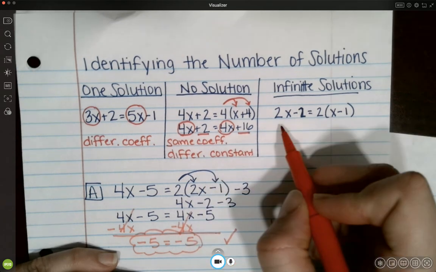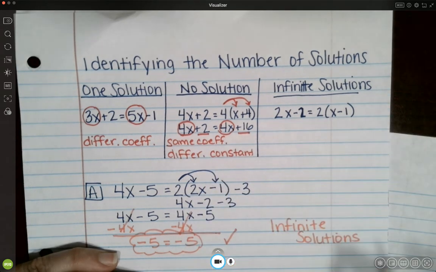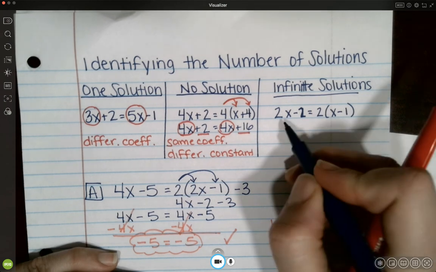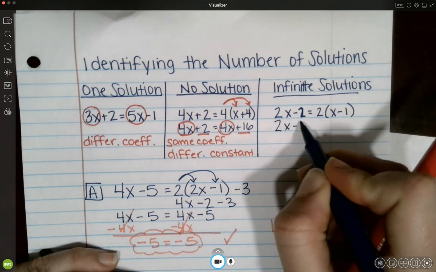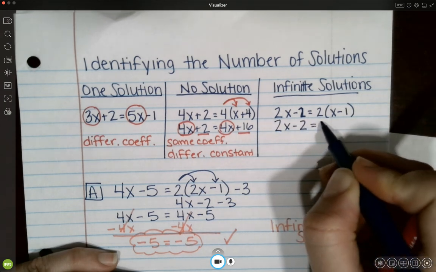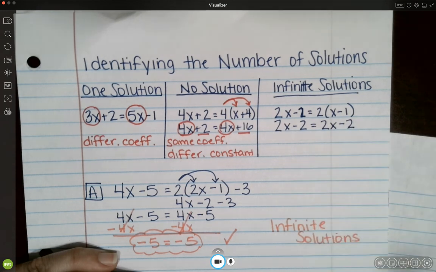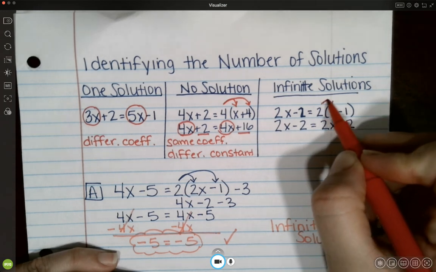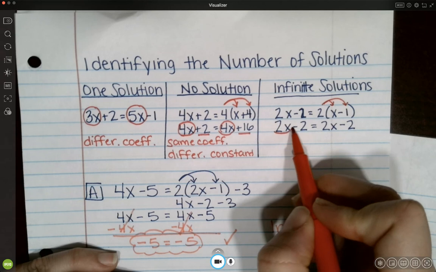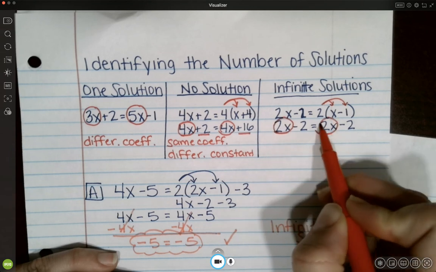And last but not least, let's distribute this out here. So we get 2x minus 2 equals 2x minus 2. So again, I have the same coefficients.